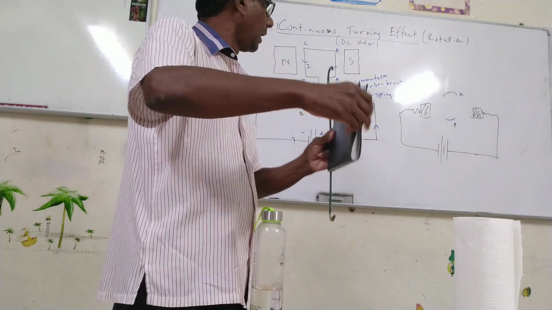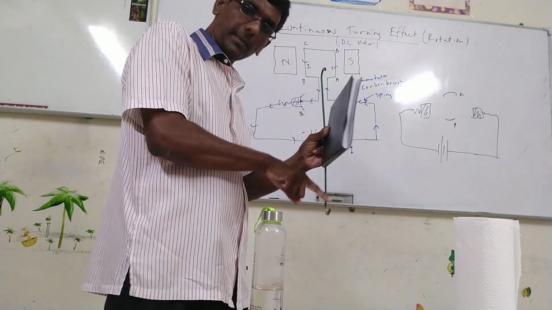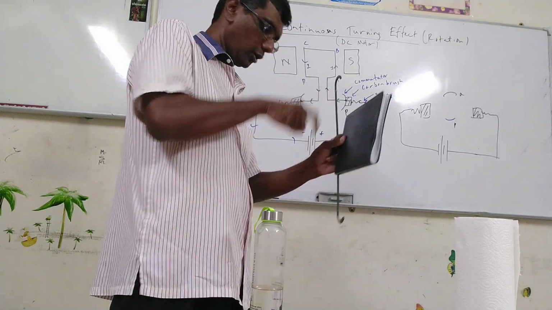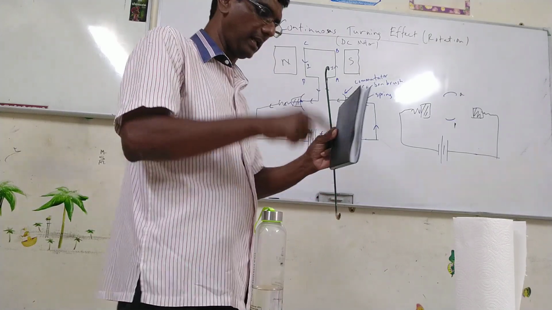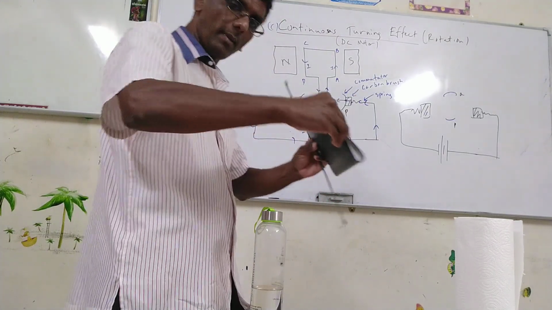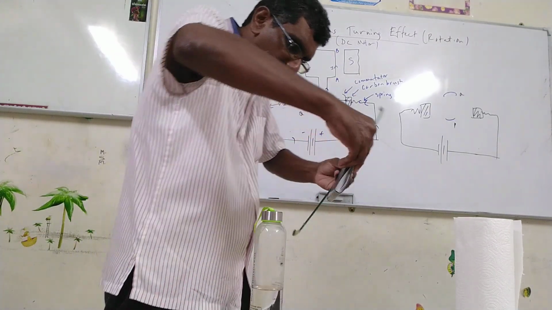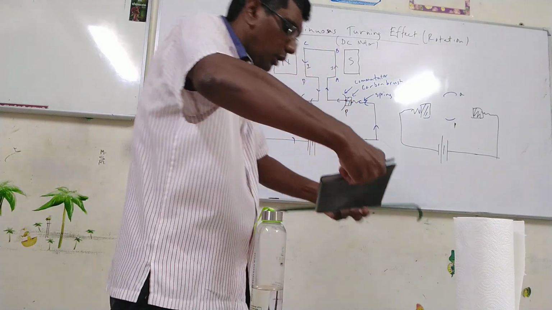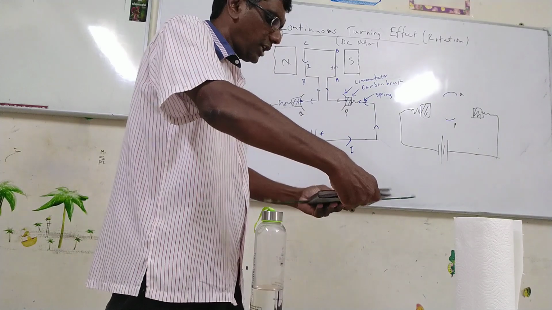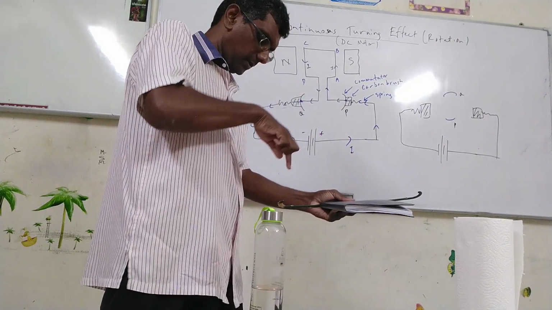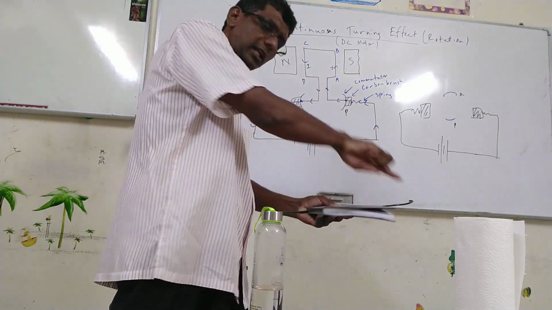Commutator P and commutator Q. As a result of momentum, they fall like this. So the commutators exchange place. Now P has come here and Q comes here.